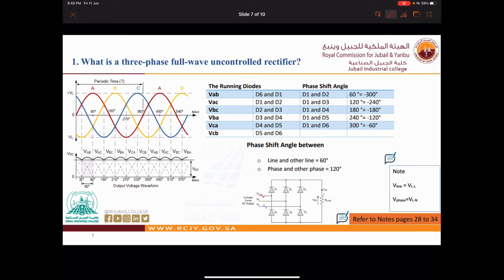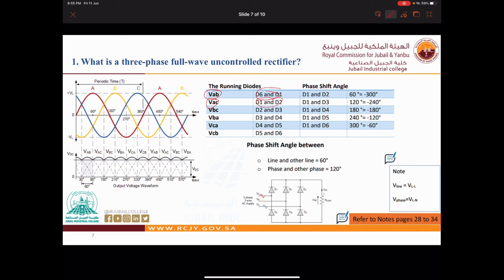Now here, as I mentioned, in VAB the running diodes are D6 and D1. For VAC, D1 and D2, and so on. Okay, what about the phase shift between them?